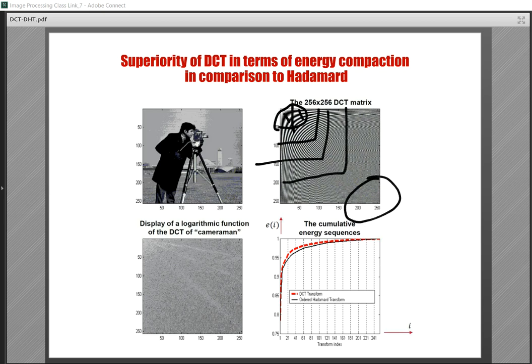And this is EI. EI is the energy of the image. Using this parameter, I is the number of pixels, for example n by n or I by I, in the transformed version.